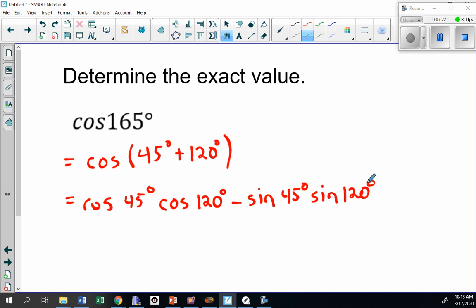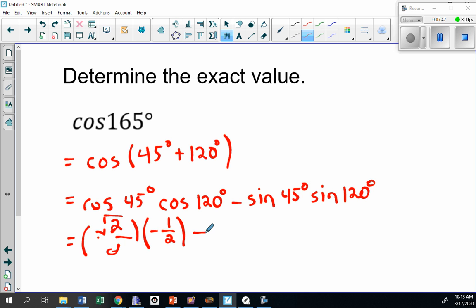So again, from the unit circle, 45 degrees, cosine is equal to square root of 2 over 2. Then cos 120 degrees is negative 1/2.